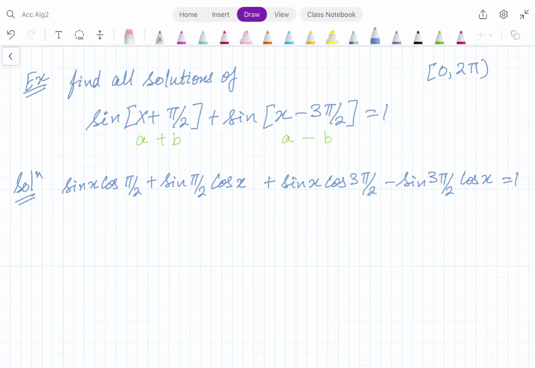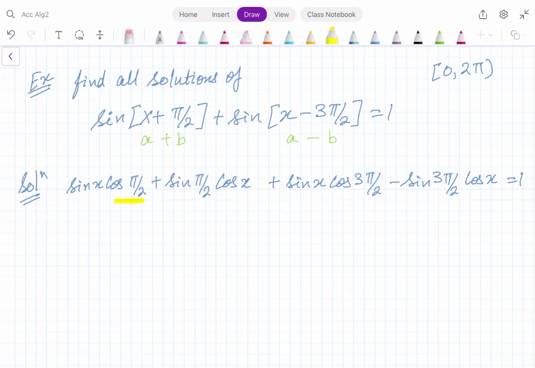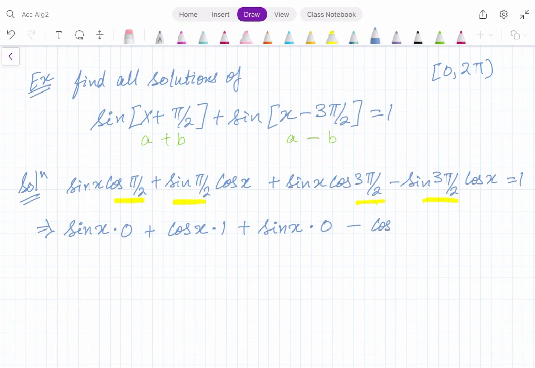Now, on the unit circle, we know the value of cos pi half, sine pi half, cos 3 pi half, and sine 3 pi half. Let's plug those values in. That will be sine x times 0 plus cos x times 1, sine x times 0 again, minus negative 1 times cos x.